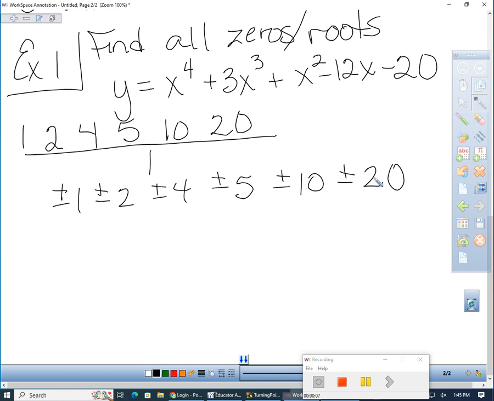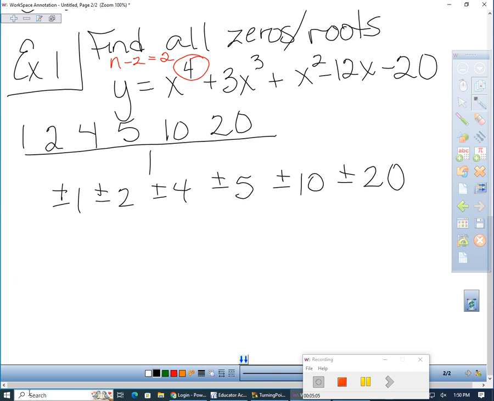Step 2, we need to look at our highest exponent, which is a 4. That 4 is our n. Okay? Remember I said n minus 2 is the number of zeros I have to find from my list. So since this is a 4, I have to find 2 actual zeros from my list here. Okay? Now we can do it by plugging all those numbers in, or you can go ahead and graph it to find them. All right?